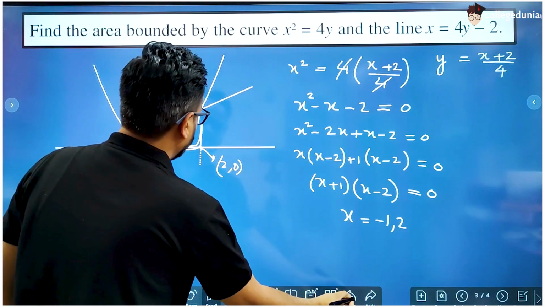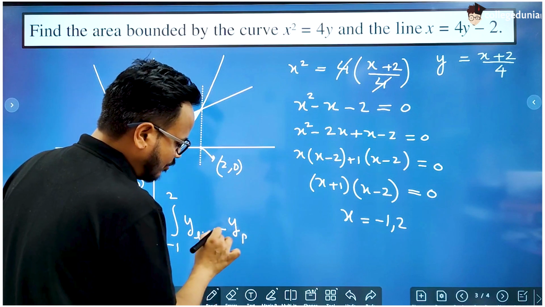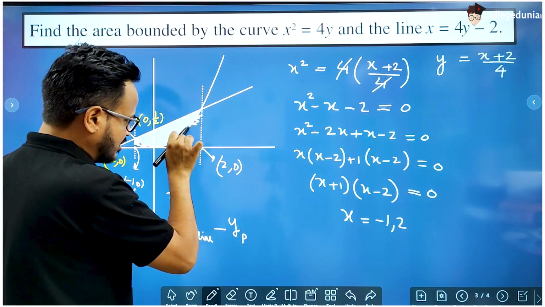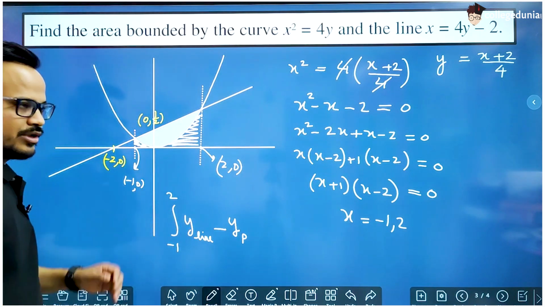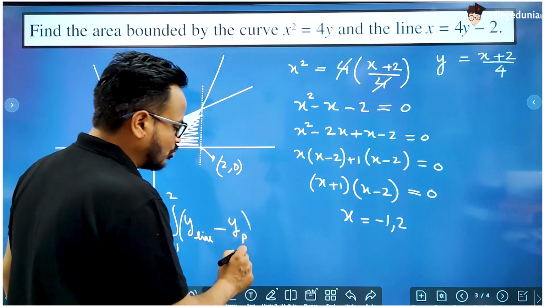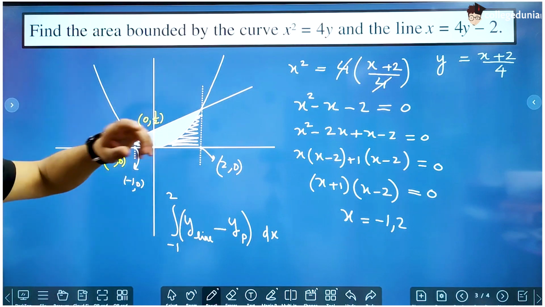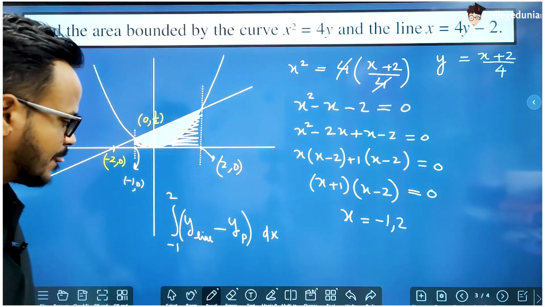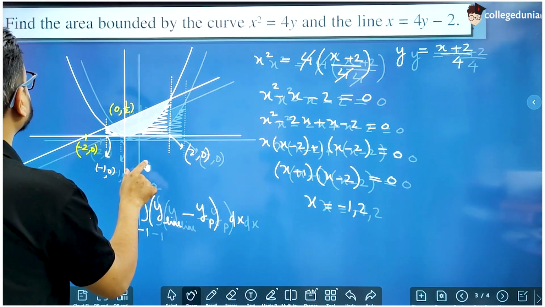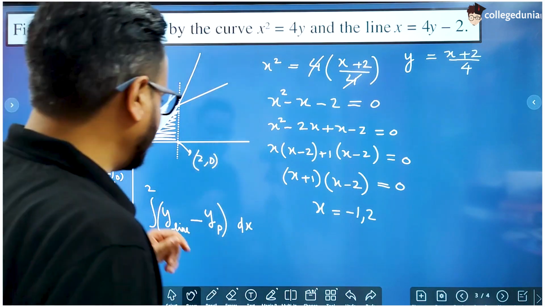So what I will do, I will subtract the y of parabola from this, because the y of parabola will give me this area according to the concept, right? So if I subtract the y of parabola from y of line from -1 to 2, I'll get the required area. So what is the y of line? Y of line is x plus 2 by 4, right? Let's write it on the next page.